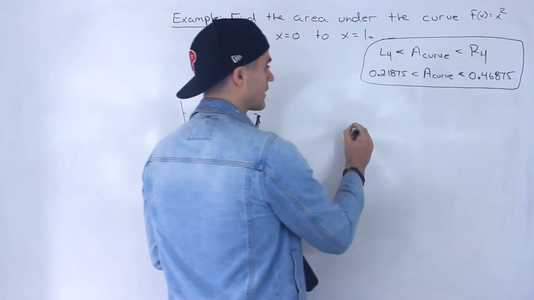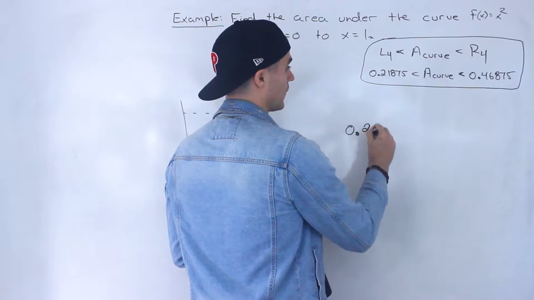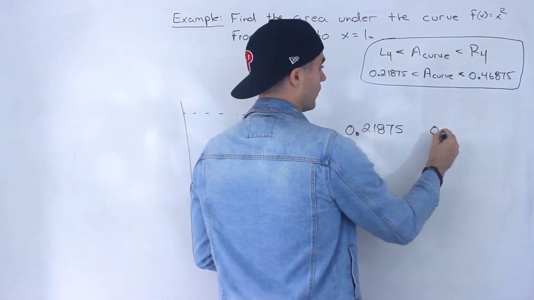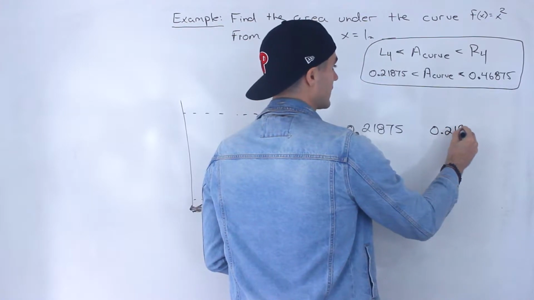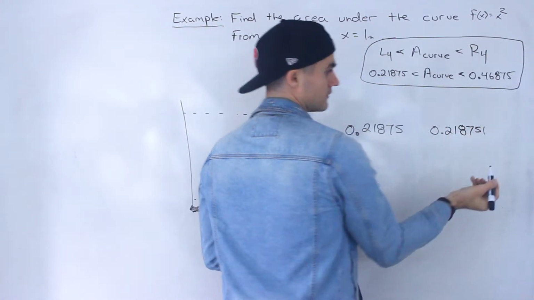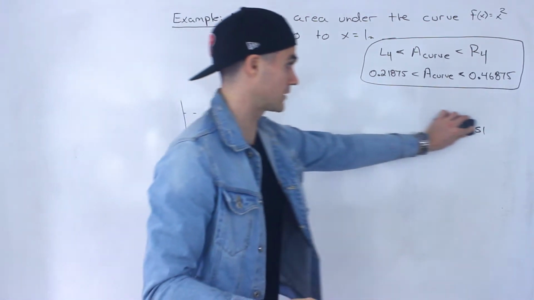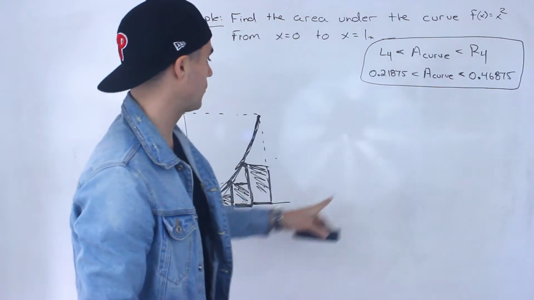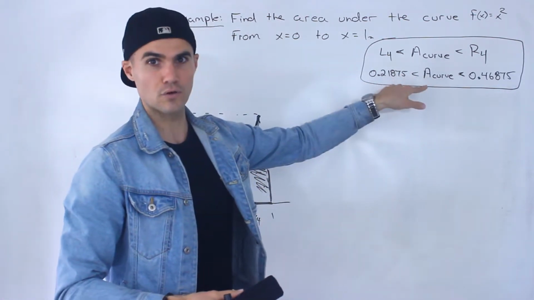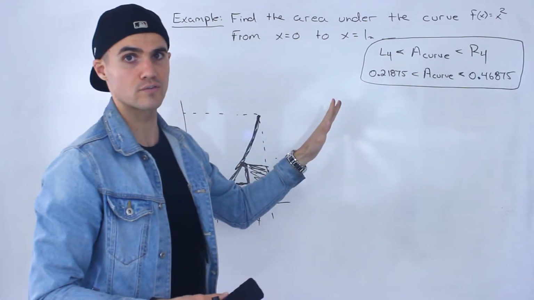It'd be a lot better if we could have something like the area between 0.21875 and 0.21871, you know what I mean? Or something like that. Then we can really start getting more specific. But as of now, with just 4 rectangles, this interval is pretty large. We don't have a good approximation for the area under the curve yet.